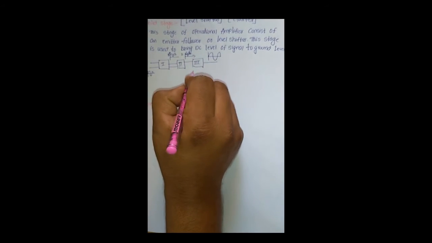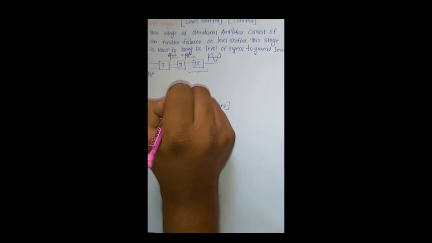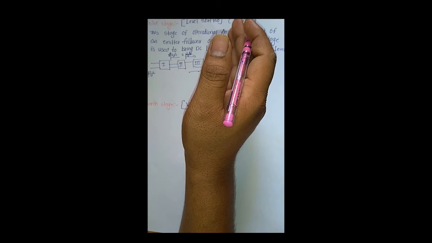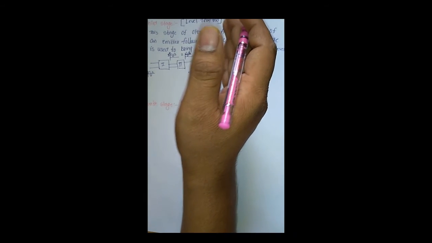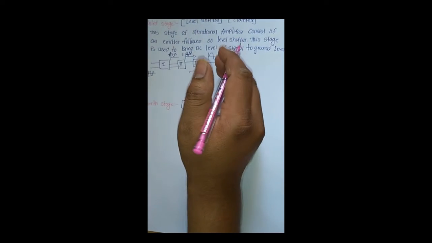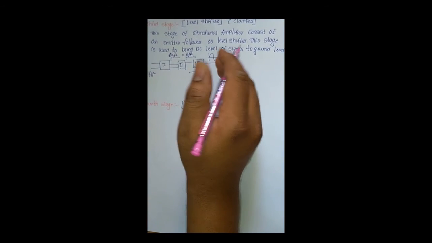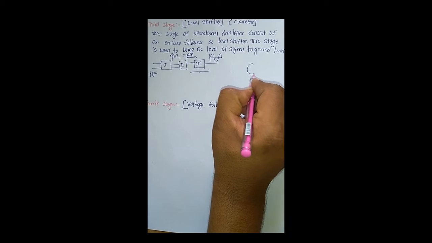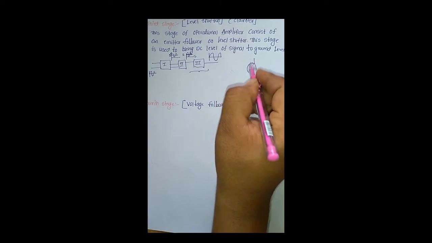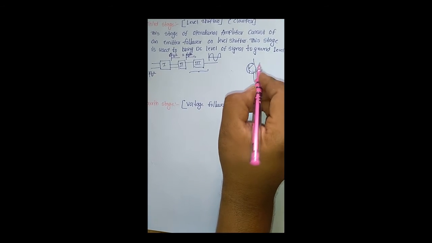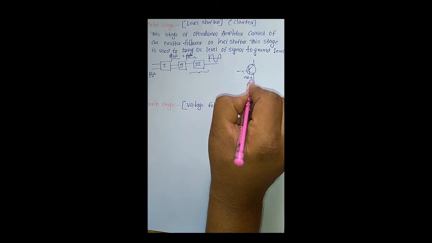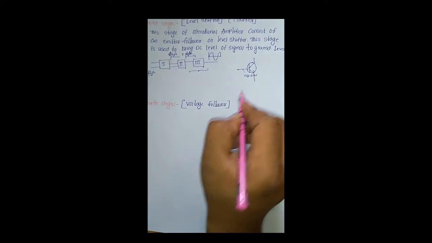For example, if you are not using this third stage, this second stage output is directly given to the fourth stage. We know that the fourth stage is the voltage follower, so maybe there also we are using a BJT. For example, this BJT can be operated in the active region with respect to the cut-in voltage VBE equal to 0.7 volt, some value.